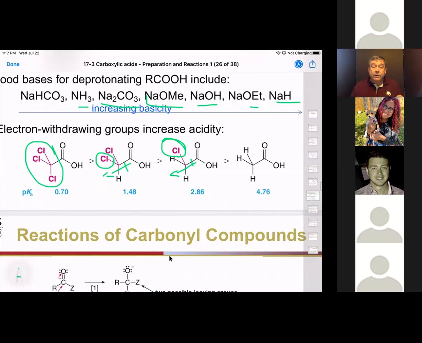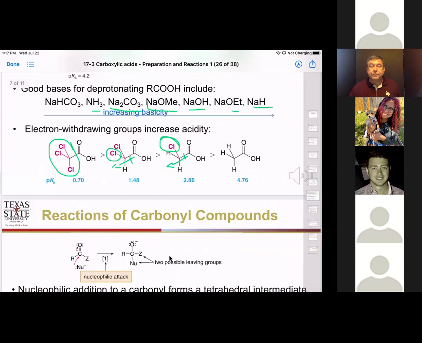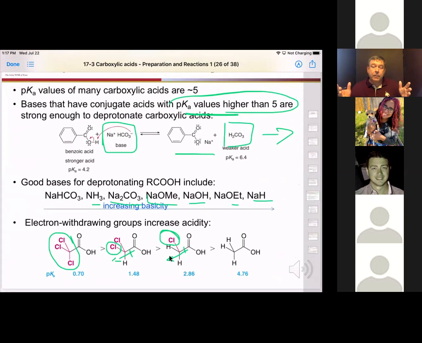However, the further away your electron withdrawing group is, the less of an effect it has, because it has to pull through too many of the bonds. Now, I believe it's in chapter 3, the acids and bases, where this is; you can review this if this doesn't sound familiar. But this is a very strongly pronounced effect in the acidity of carboxylic acids. Okay, so any questions about the acidity of carboxylic acids?